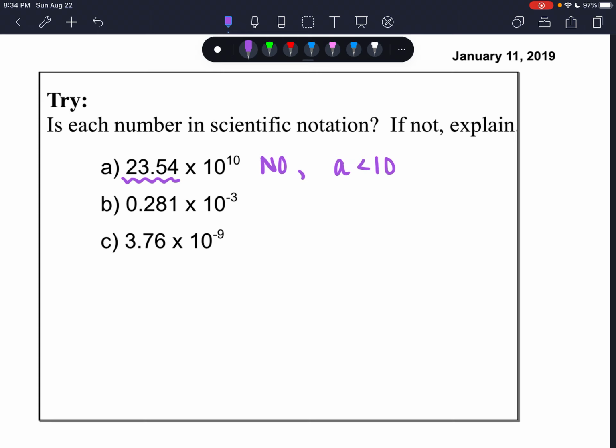My next example was also a no, because 0.281 is not greater than or equal to 1. And my last one was a yes, because 3.76 is in between 1 and 10, and my exponent, -9, is an integer, so it meets all of the specifications for being scientific notation.